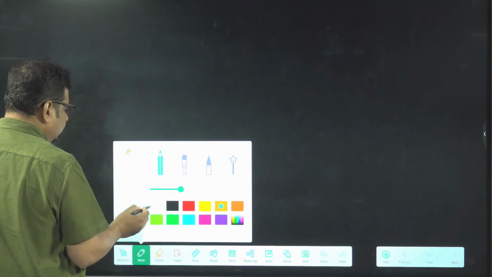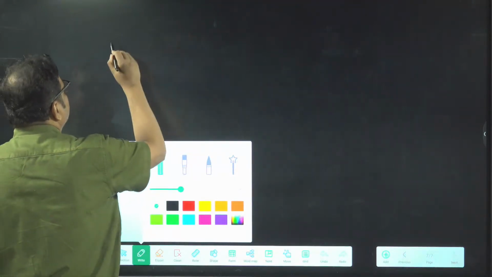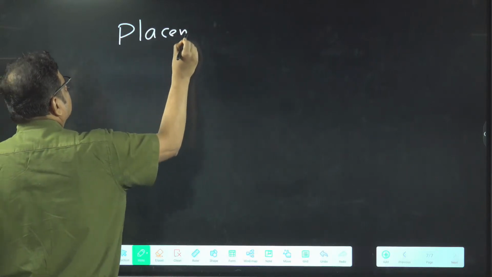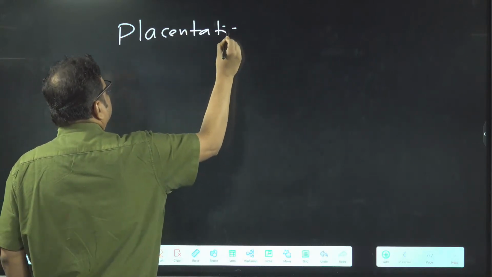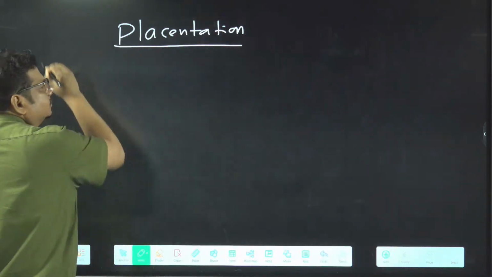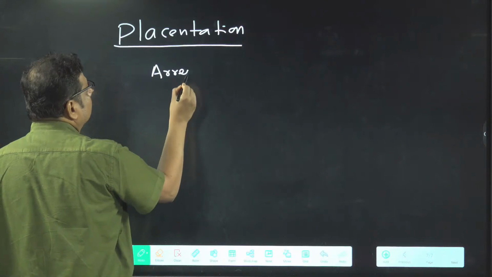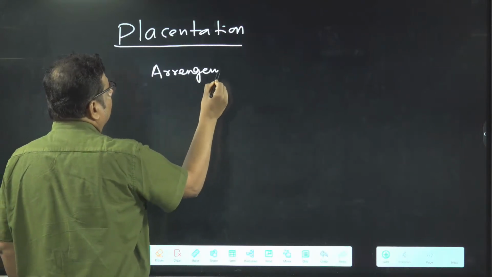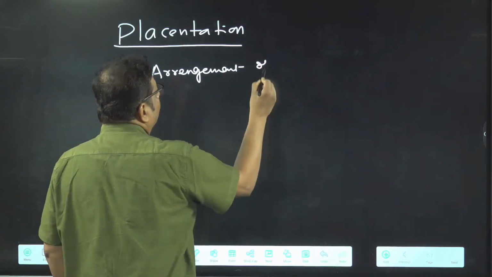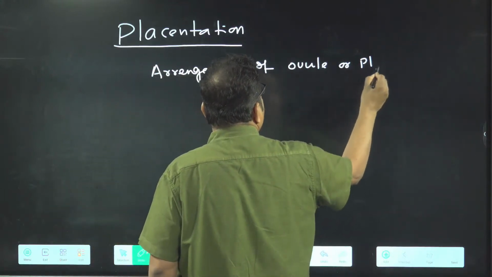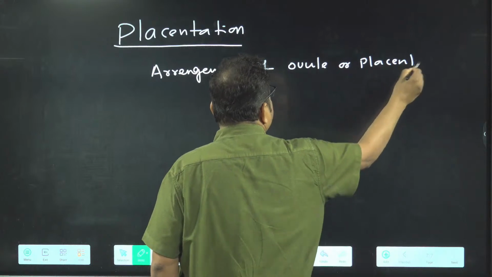So have a look. We are going to deal with placentation. So what is placentation? It is the arrangement of ovules, or you can say placenta, because wherever placenta is there, who will be present?